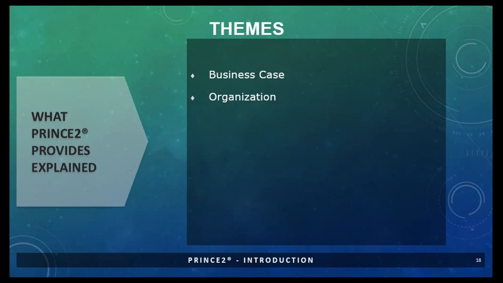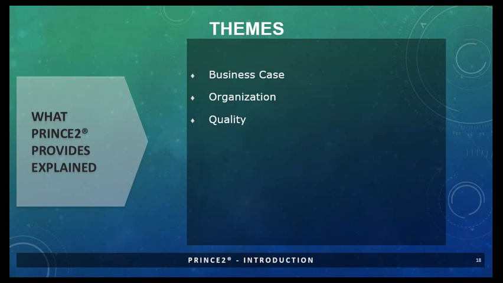The quality theme. The quality theme tells you what is being developed and what is the level of quality that is expected. Well, the initial idea will only be understood as a very broad outline.